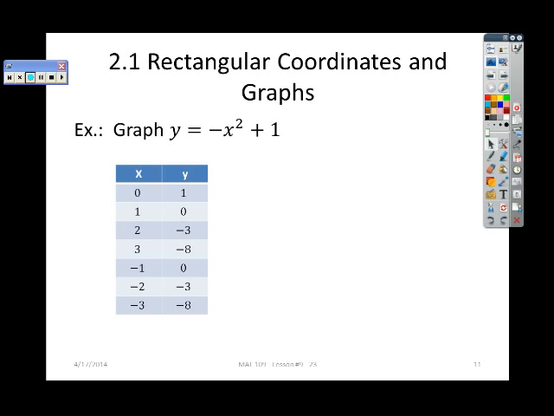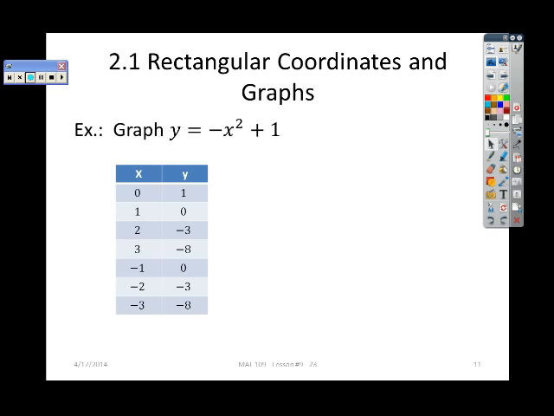0 is easy, will give me 1. Pick 1, that'll give me 0, and so forth. Probably pick those 3, 0, 1, and 2, and plot them. Based on what that looks like, decide how many more of these I need. That way you don't wind up calculating 10 or 15 numbers and then start plotting and say, wow, I didn't need all these.